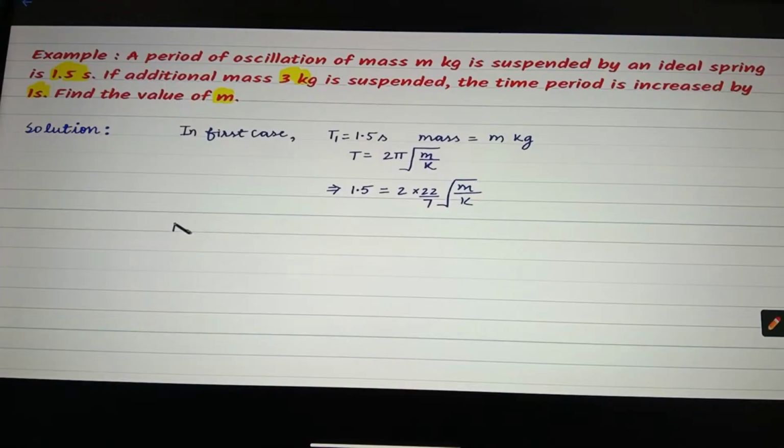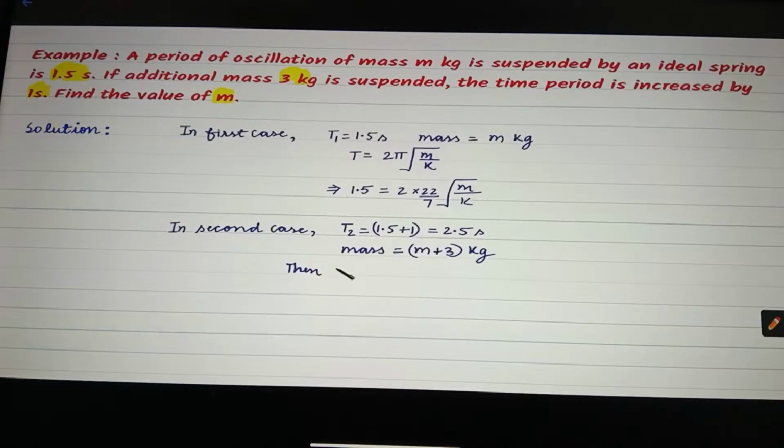And let's take the second case. In the second case, T2 is equal to 1.5 plus 1, which is 2.5 seconds, and the mass is equal to m plus 3 kgs.